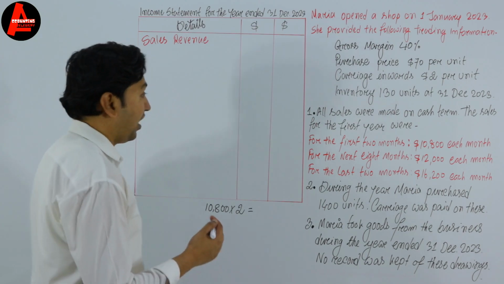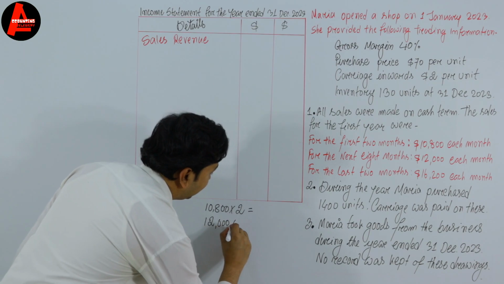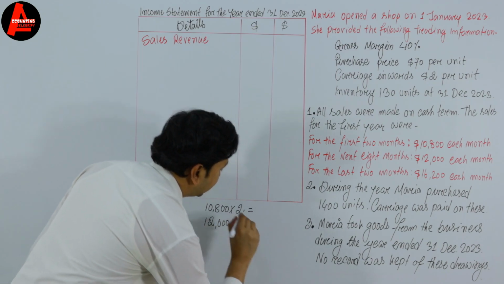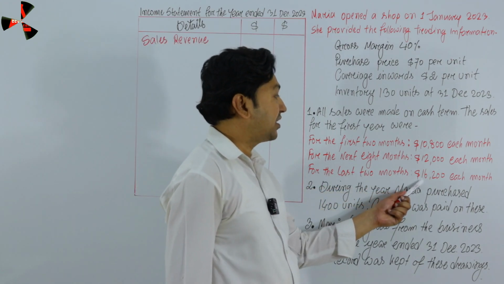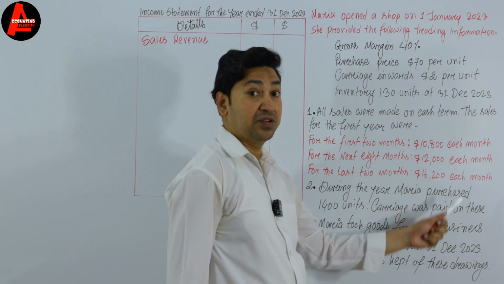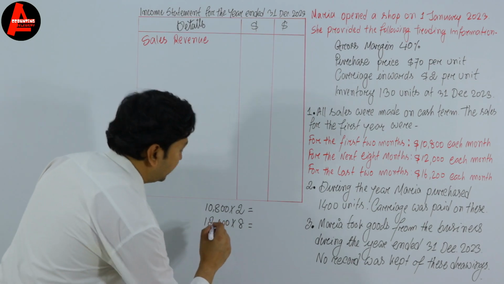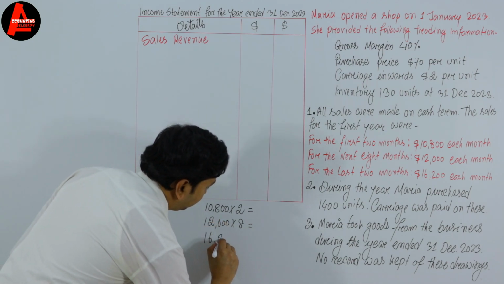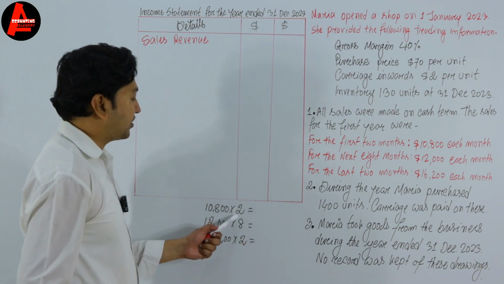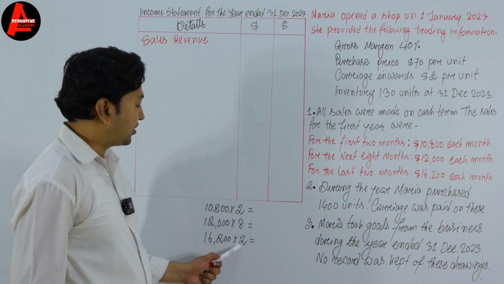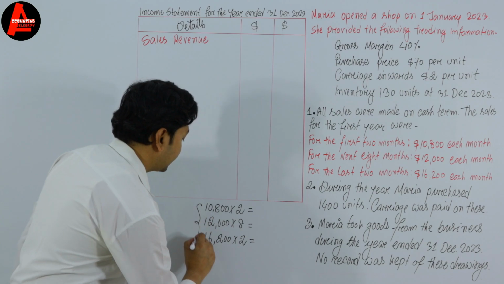So we write $12,000 times 8. Then for the last 2 months, $16,200 each month. So we write $16,200 times 2. Here 2 months plus 8 months plus 2 months equals 12 months. So this is the 12 months of sales.